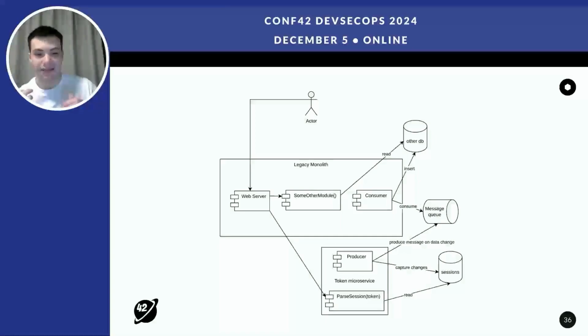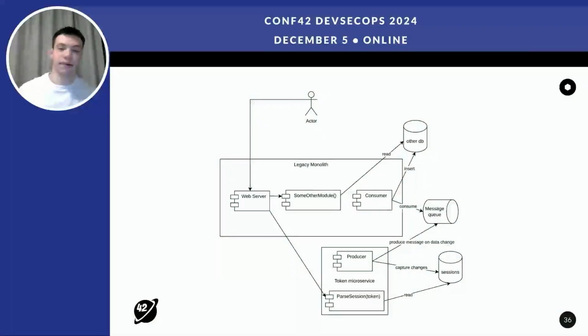We add a consumer to the monolith, and we add a producer to the microservice. And we use patterns that we have mentioned earlier, the CDC pattern. When our sessions database changes, we capture the changes and produce a message into the message queue. The consumer will take the message from the message queue and update its local state in some other DB.